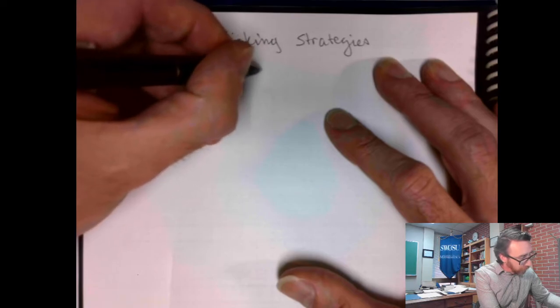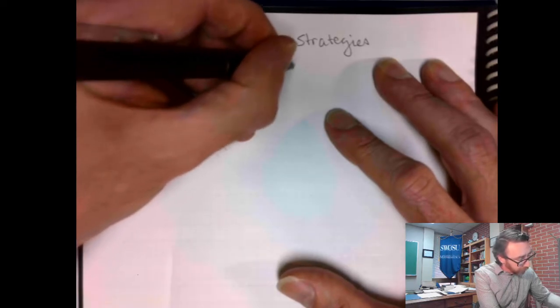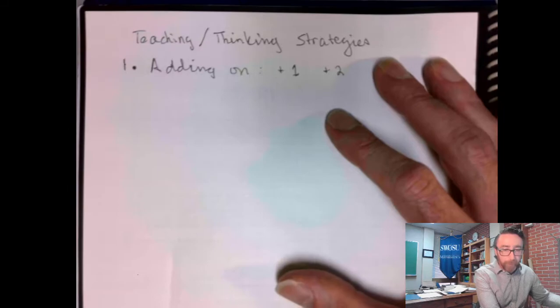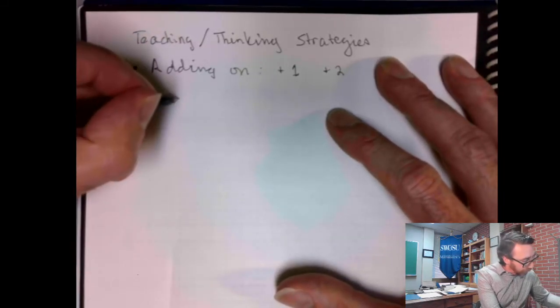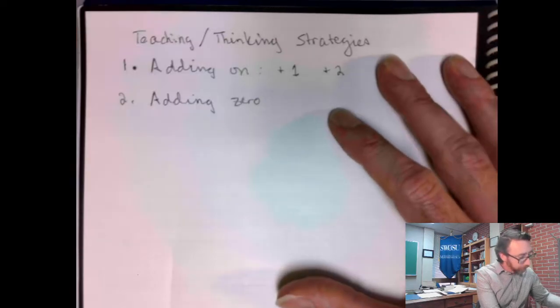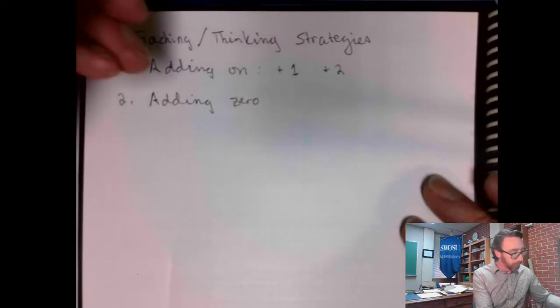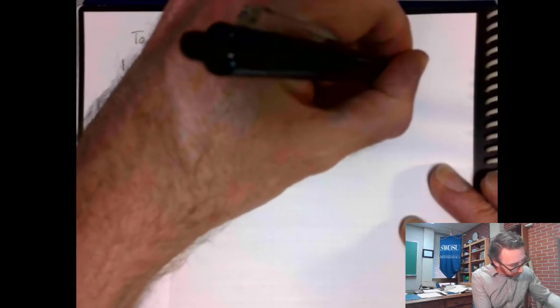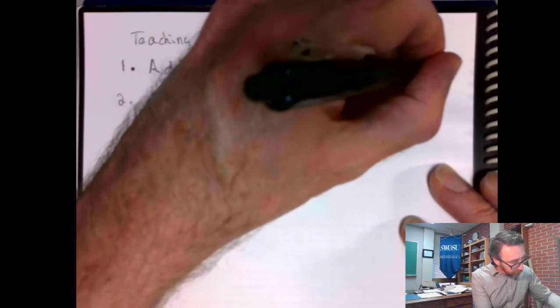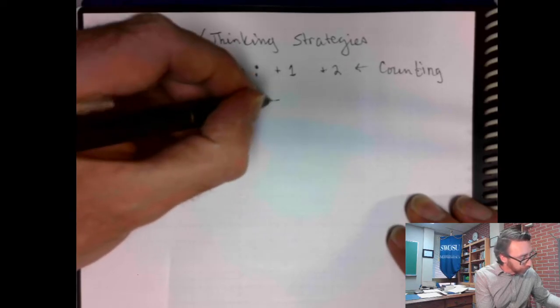Okay, so the first one is adding on. In other words, stuff like +1 and +2. Second thing, what happens when we're adding 0? Okay, so this is pretty easy once it's taught. So the adding on technique builds on what the students know when they're counting.